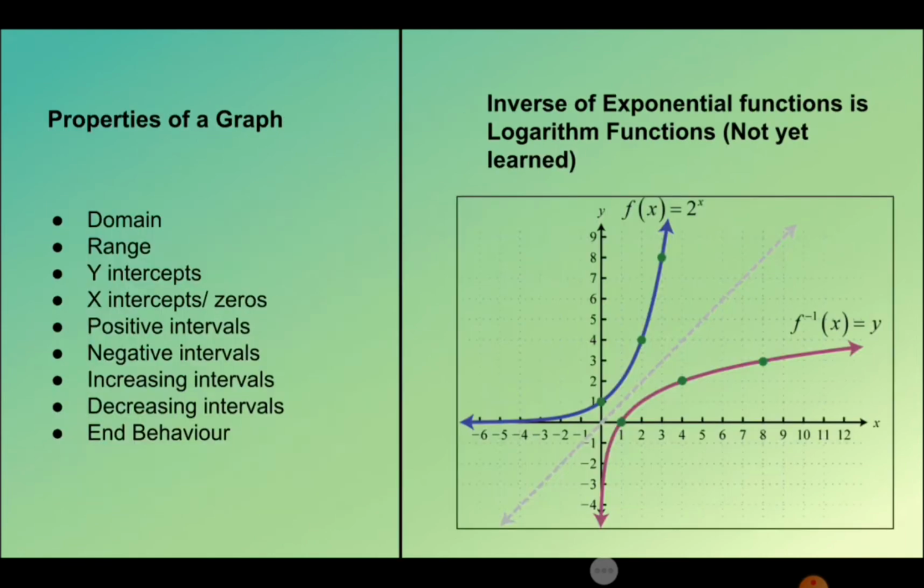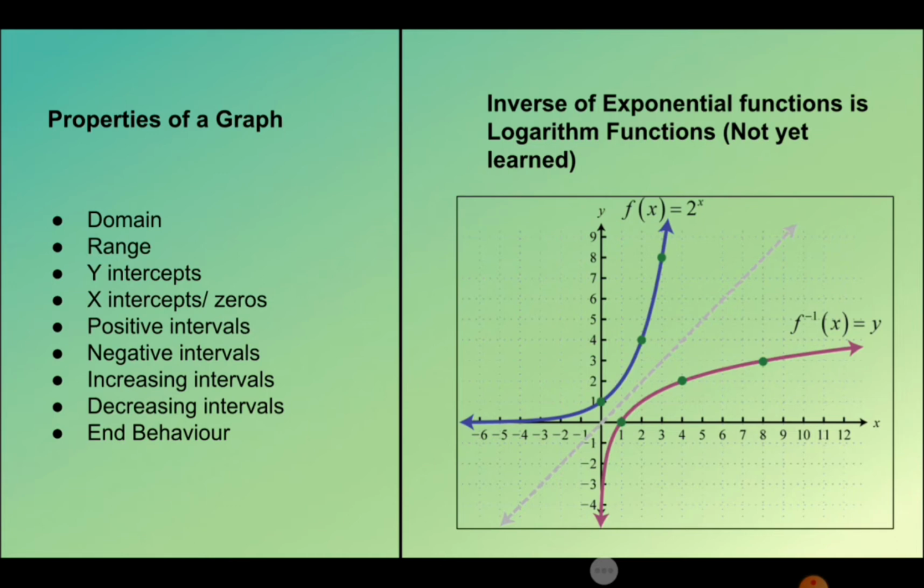Okay, and then there are many properties that we also went over. So domain, range, y-intercept, x-intercepts, we learned those last year, and then the 5 new ones that we learned this year were positive, negative, increasing, decreasing intervals, and end behavior.